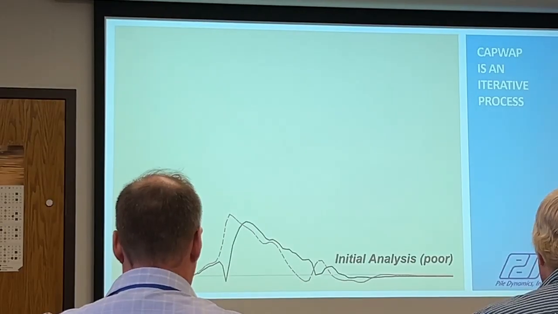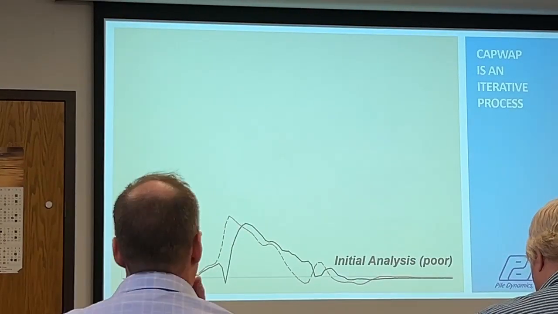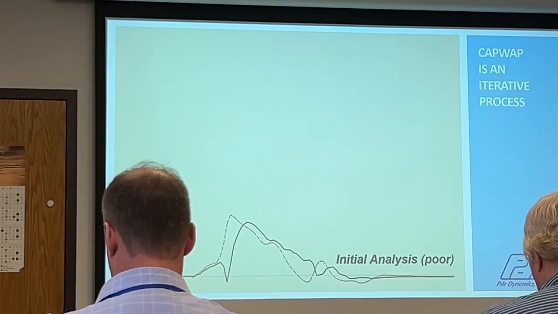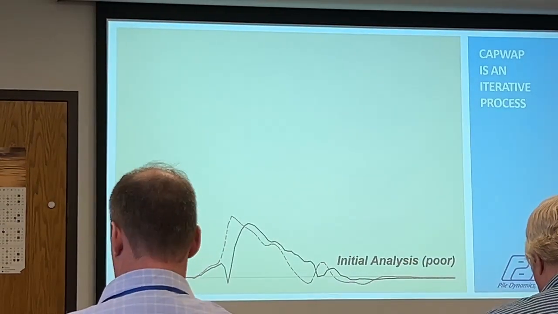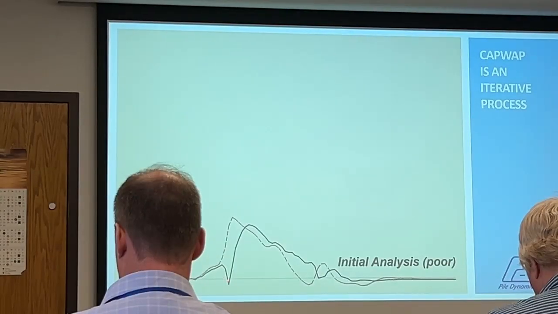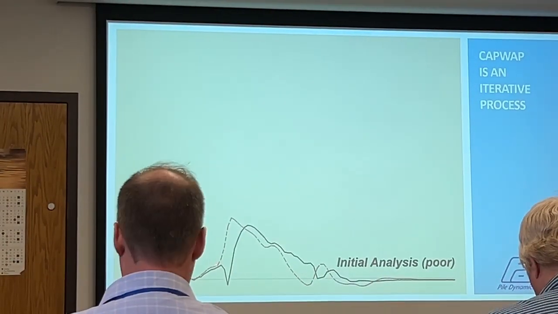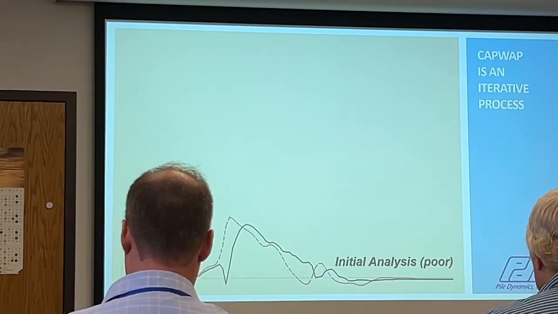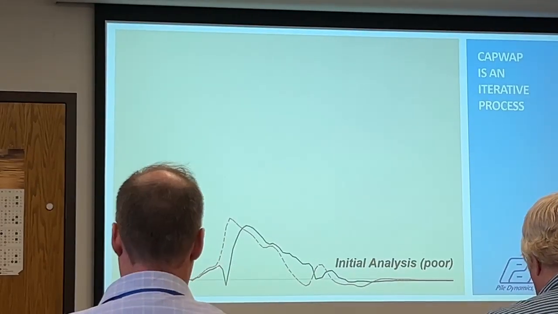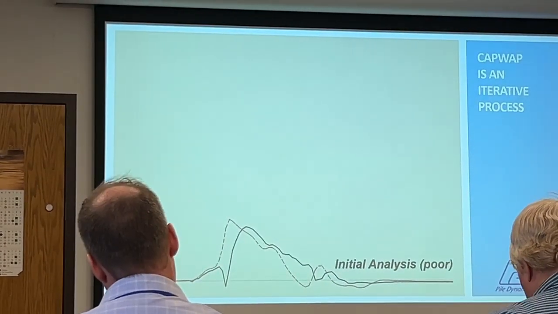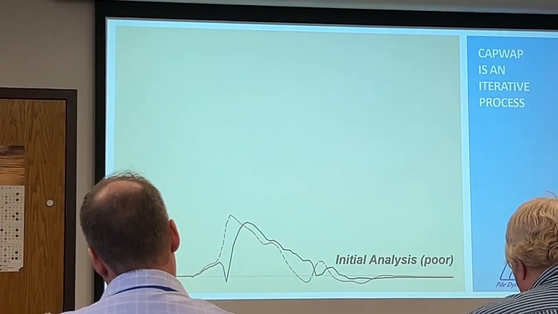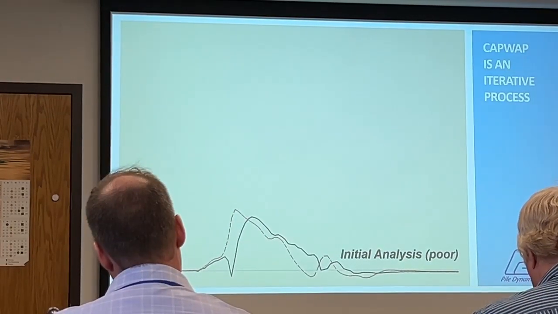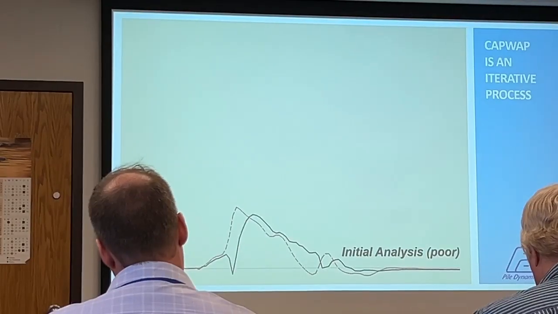So the way that this kind of looks, our black curve is measured, our red curve is computed, and initially, our red curve may not look anything like the black one, and so we need to make some adjustments. Wave up is the accumulation of resistance, and we often see this little tensile dip that happens at the pile toe. So from here to here is shaft resistance, from here out to here is shaft resistance and end bearing, effectively. So when I look at that, I can see that we probably have too much shaft resistance along the bottom elements, or we're making our toe resistance too stiff.